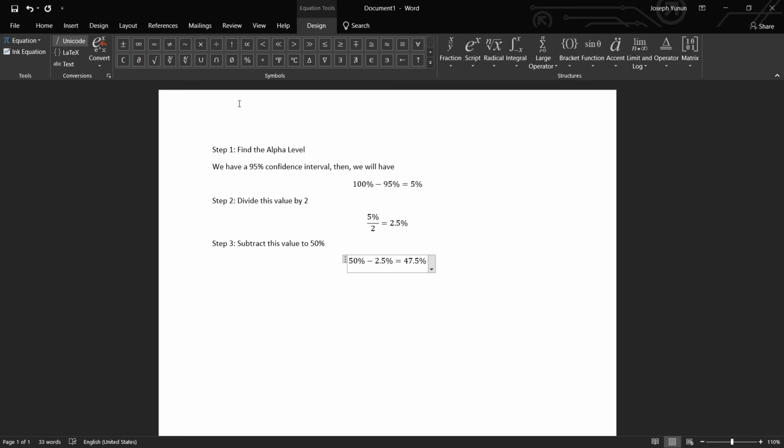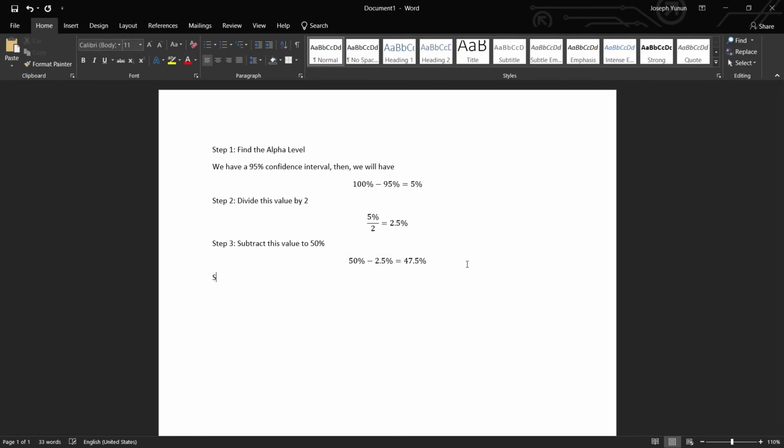Step number 4, add the 50% value, and convert the answer to decimal.